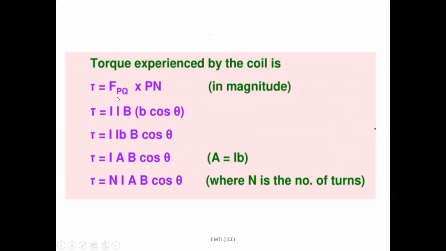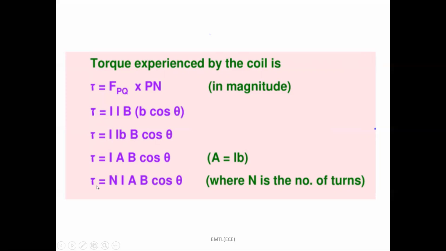The force is ILB, and the PN value, by calculating from the triangle, is equal to b cos theta. So the torque is ILB cos theta. Here the length into breadth is equivalent to the area of the rectangle. So by replacing the lb value, that is I into A.